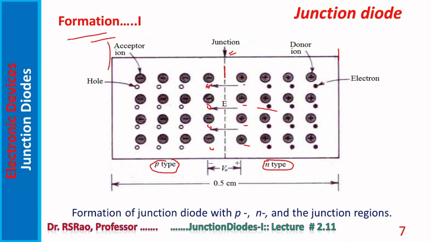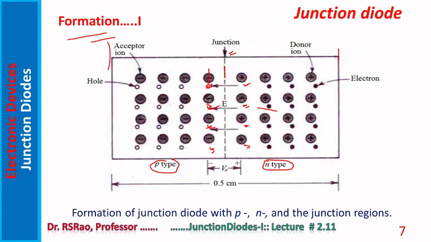So now here you don't have hole, you don't have electron, no hole, no electron, no hole, no electron. But notice, due to the disappearance of holes and electrons from the ions, what we have right now is a column of negative ions on p side, a column of positive ions on n side.